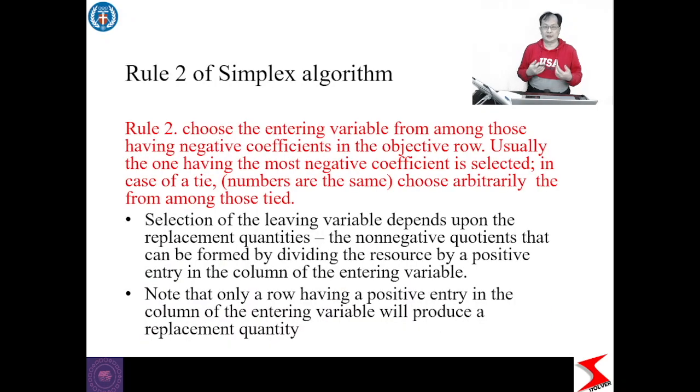In this way, we will find a very efficient way to reach the optimal solution. In the case of a tie, meaning these two negative values are the same, we can choose either one as the entering variable.